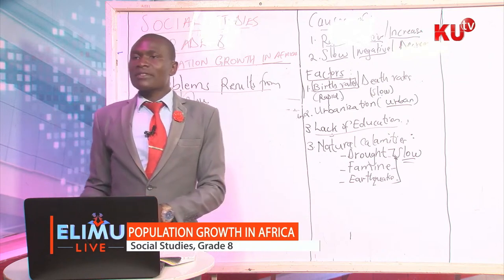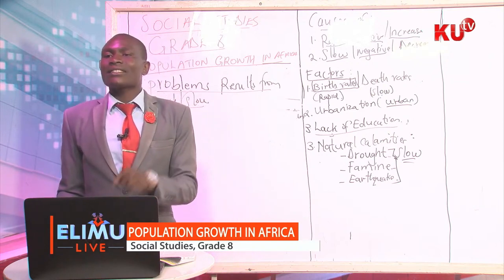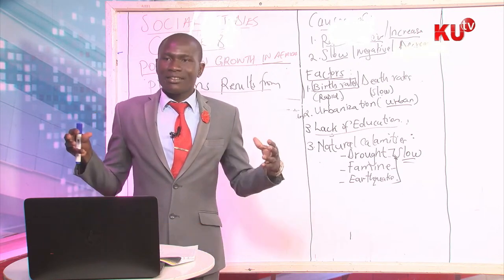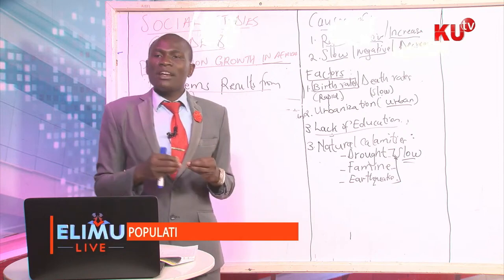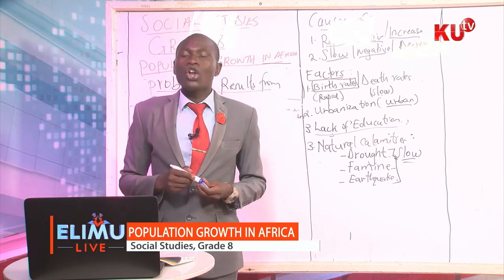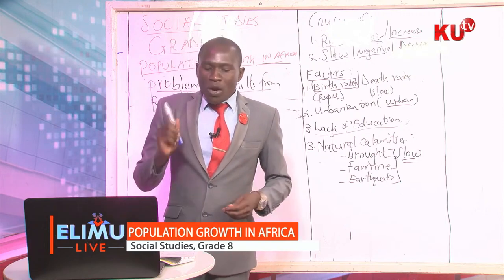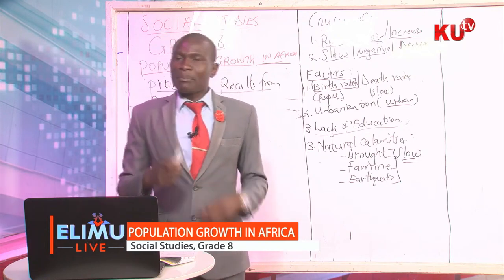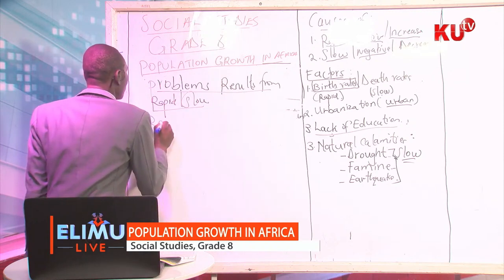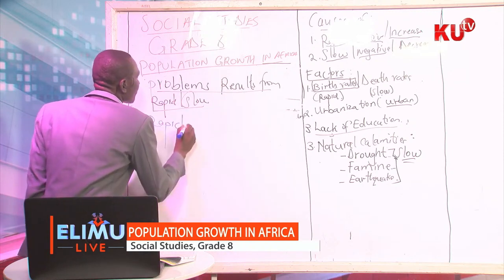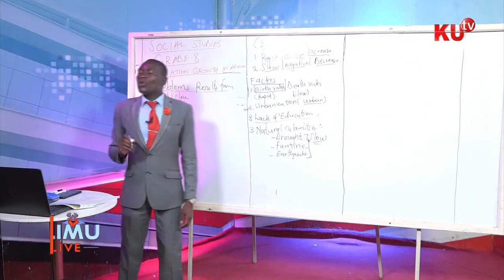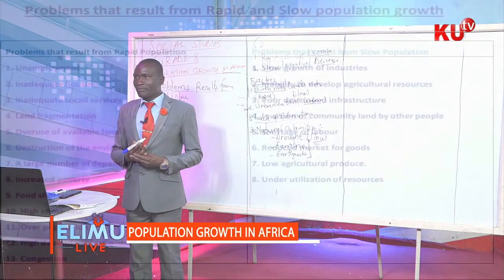There are problems that will result from a population that is very high, and there are some problems that will result from a population that is very low. So, what are some of the problems that result from rapid population growth? When the population of a place is rapid, or high, or positive, one, we will have unemployment.